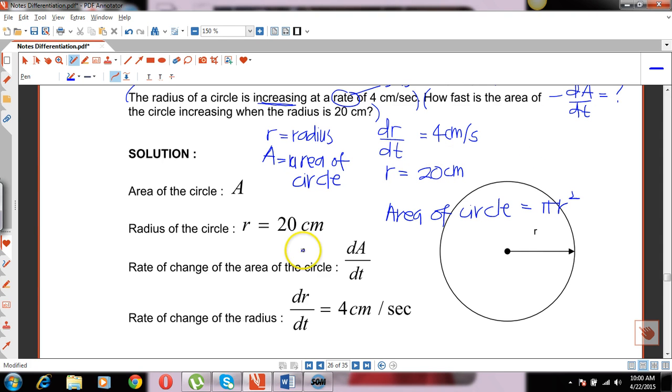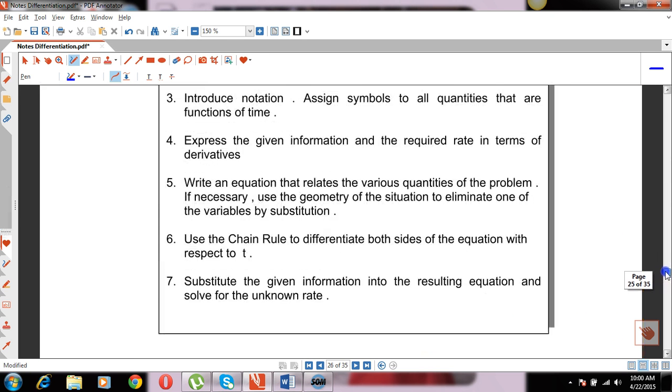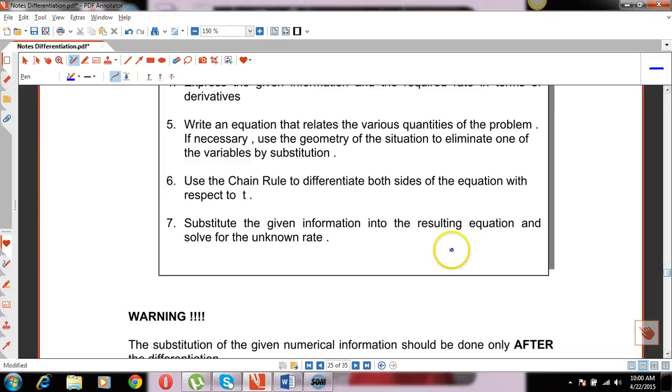This is step number 5. Then step number 4, then number 6. We have to use the chain rule to differentiate both sides of the equation with respect to t. As I said before, step number 6 we can replace with implicit differentiation with respect to t.